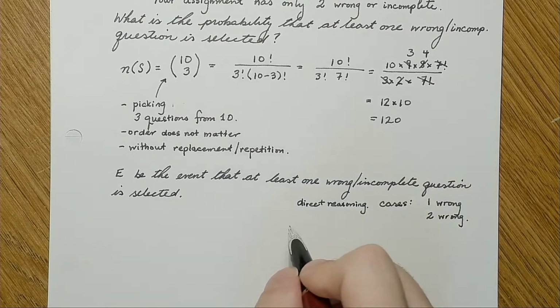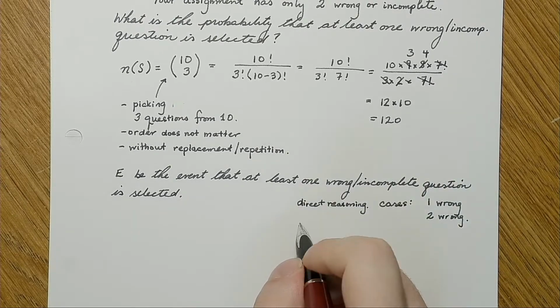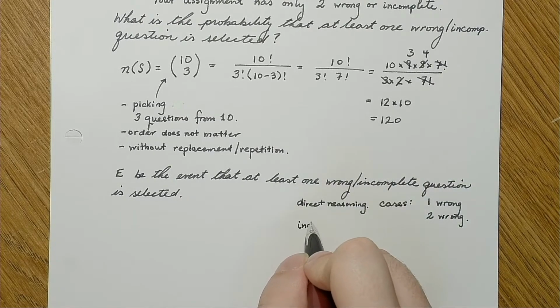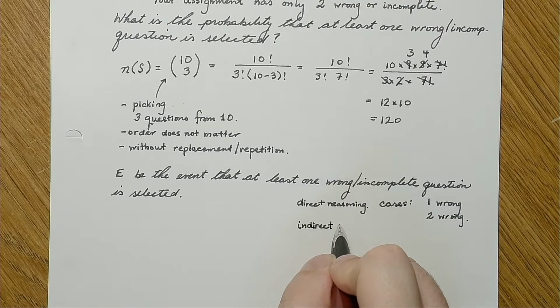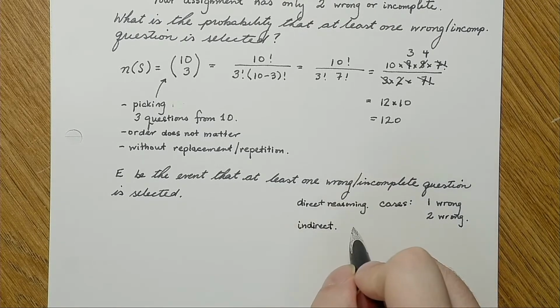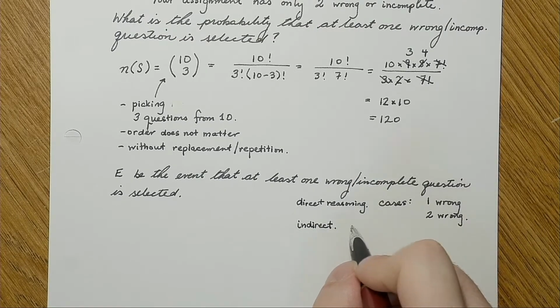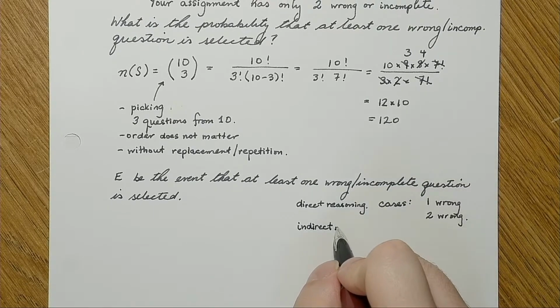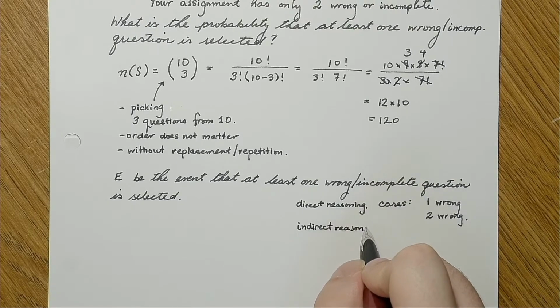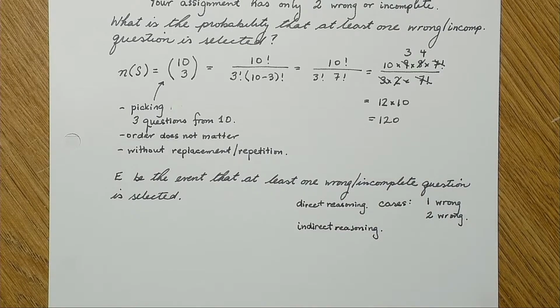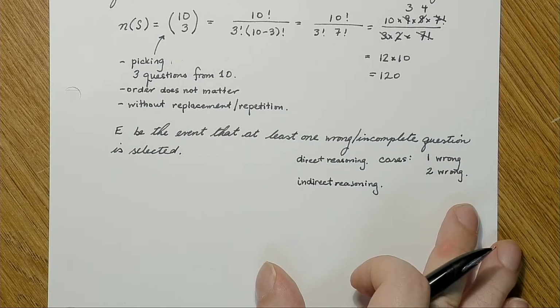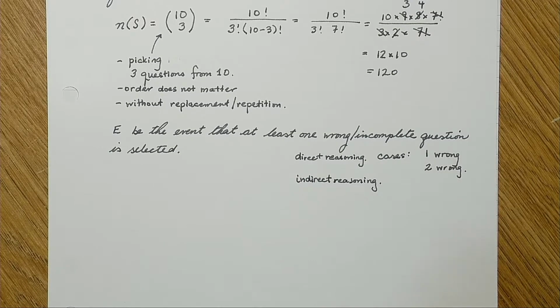Or the other way we could do it is indirect. That's where we'll take all the possible ways and remove what we don't want. Okay, and that's what we're going to do. We're going to do indirect reasoning.